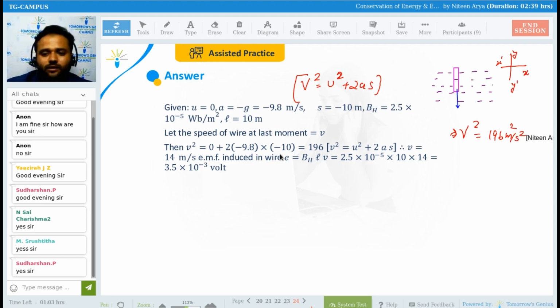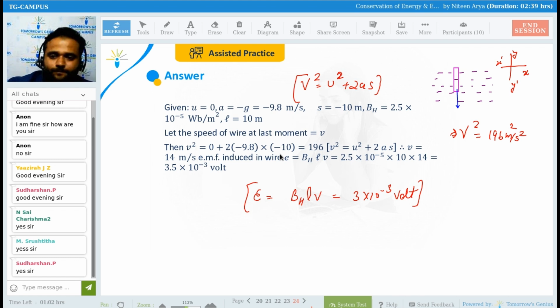Then v is this, and then the induced EMF is BHLV. Put everything in, and the answer is 3 into 10 to the power minus 3 volt. Is this clear, everyone? I don't think any further explanation is needed. Clear na beta? Tell me quickly and turn on your cameras too. Good. Is this clear?